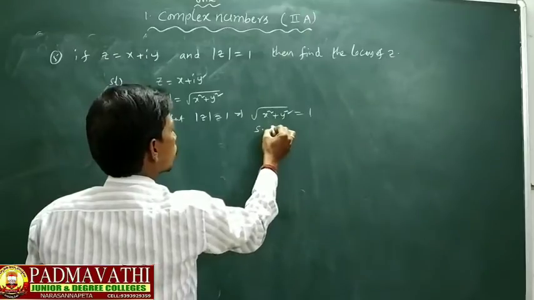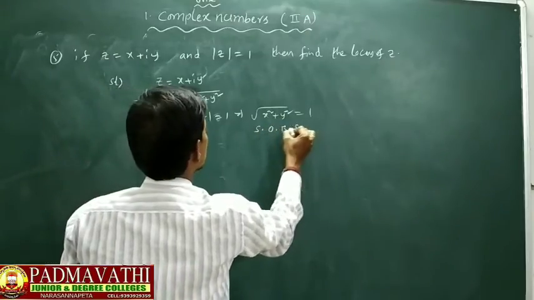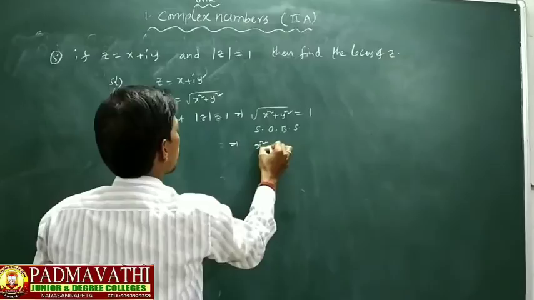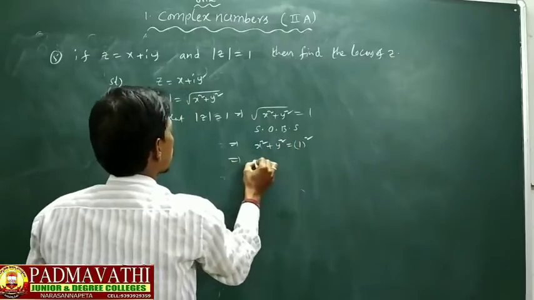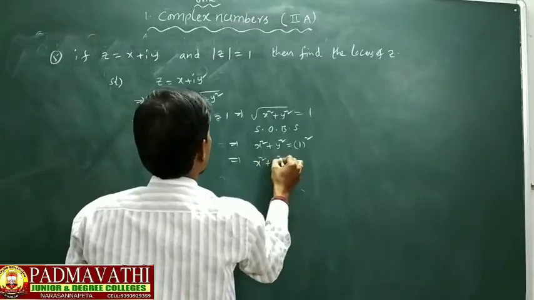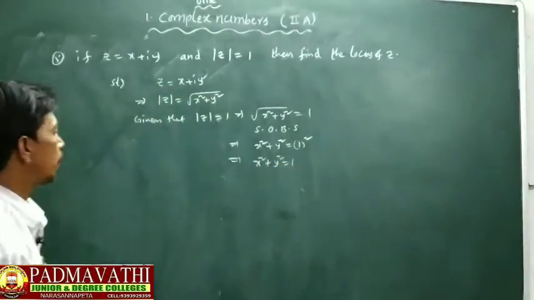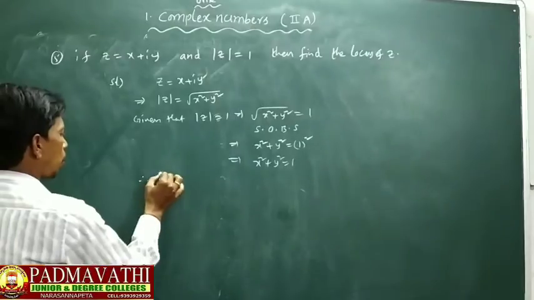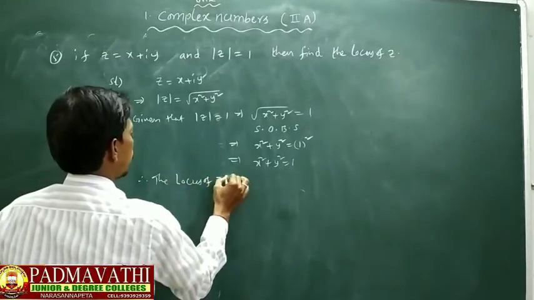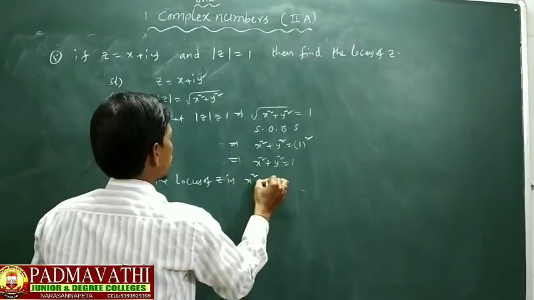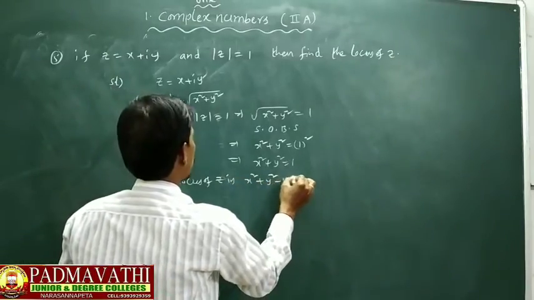Squaring on both sides, x² + y² = 1², that implies x² + y² = 1. That is the locus of z. Therefore the locus of z is x² + y² − 1 = 0.